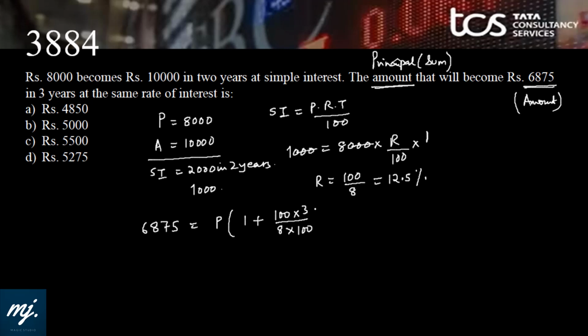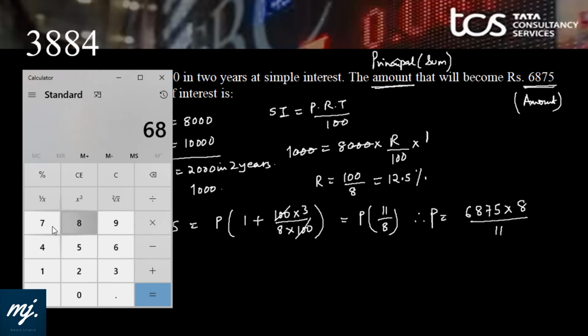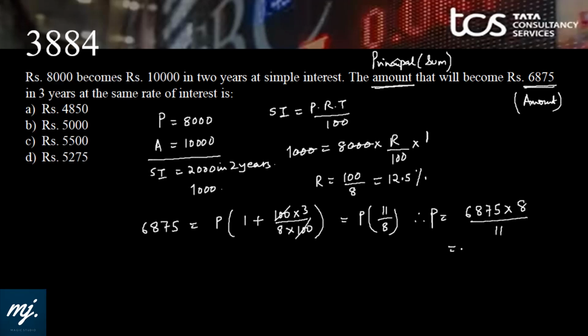If we solve this, it becomes P into (8 + 3) by 8, that is 11 by 8. Therefore, the principal we are looking for is 6875 into 8 divided by 11, and the calculator value would be 5,000. So 5,000 rupees will become 6875 in 3 years at 12.5% interest rate. Option B fits in.